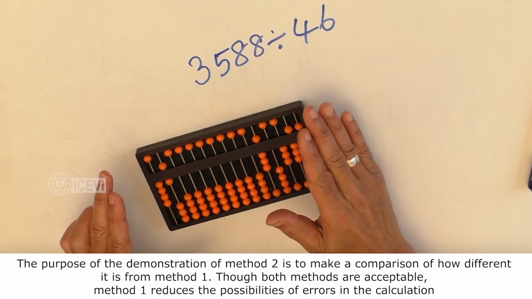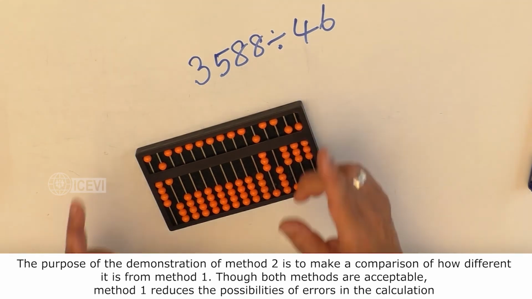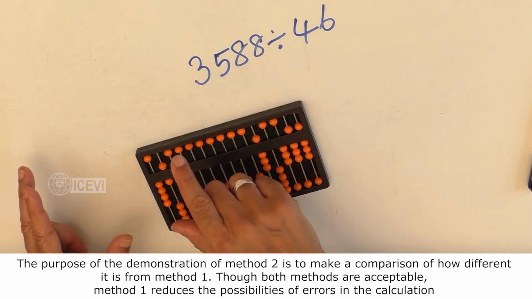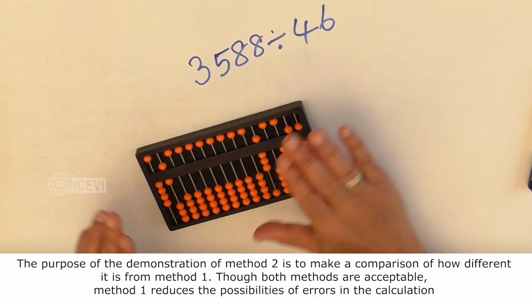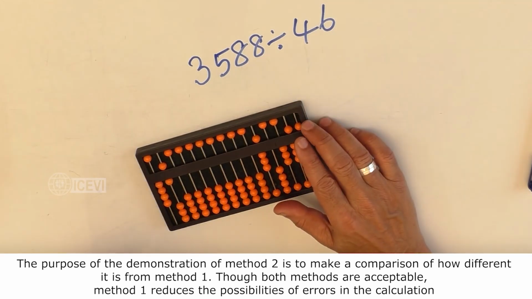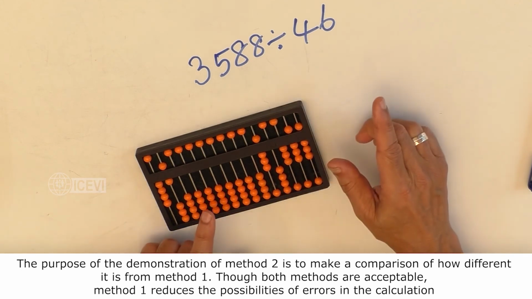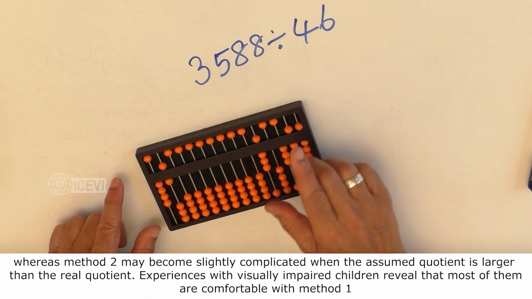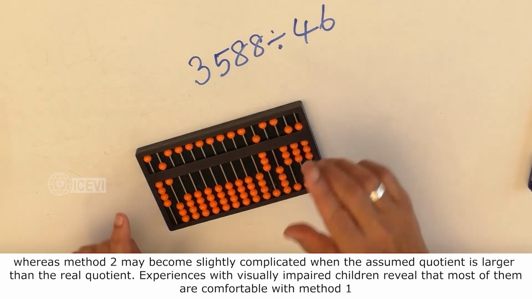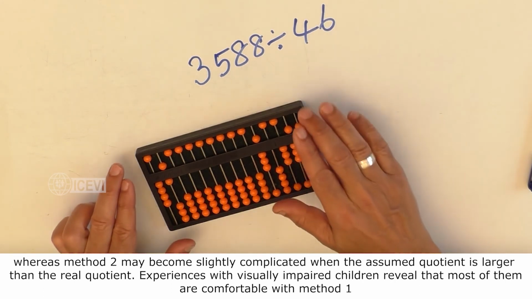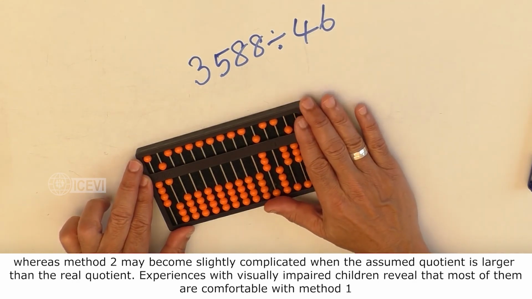The purpose of the demonstration of method 2 is to make a comparison of how different it is from method 1. Though both methods are acceptable, method 1 reduces the possibilities of errors in the calculation, whereas method 2 may become slightly complicated when the assumed quotient is larger than the real quotient.